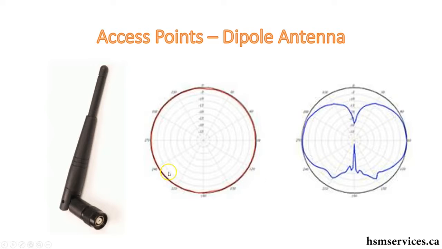Some APs support up to 6 dipole antennas, so you can have 6 different directions for your signal. 6 different axes, basically. If you look here, this is an antenna that's pointing up and down, so this is the signal that you're getting. You're not getting too much signal above or below the antenna.